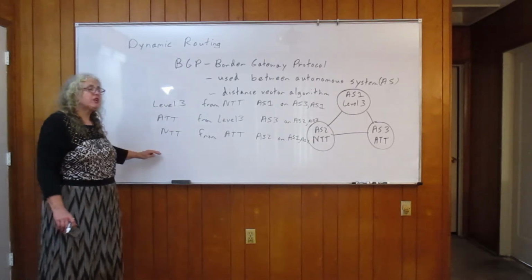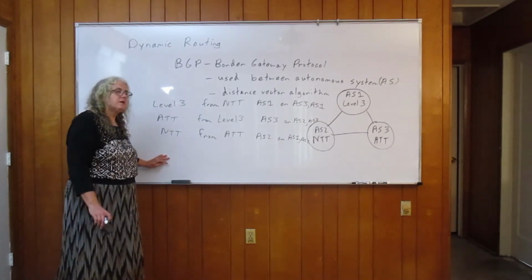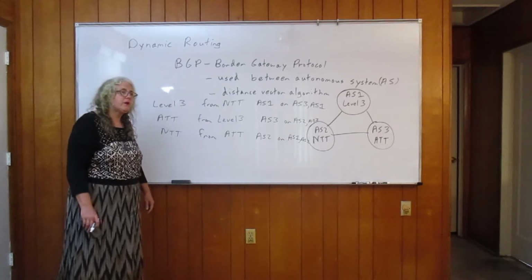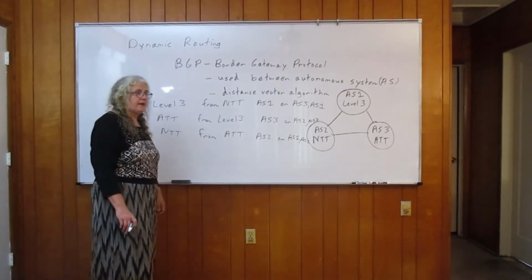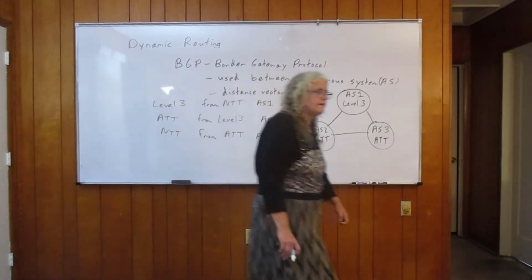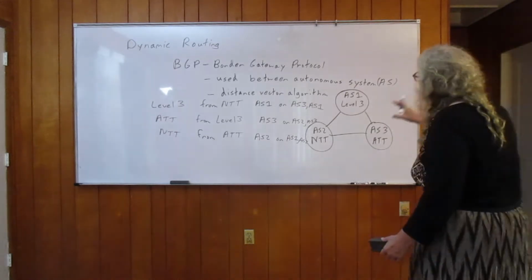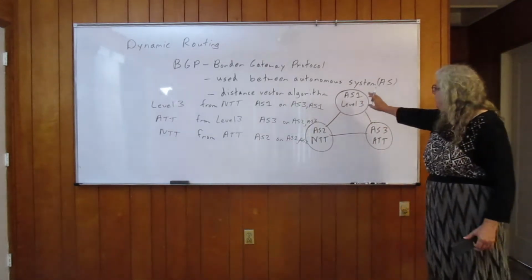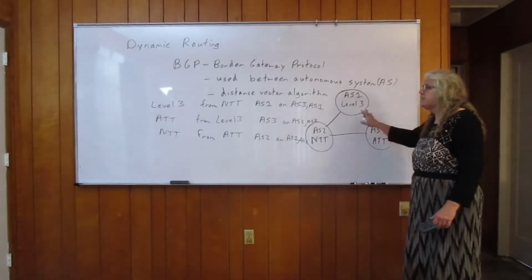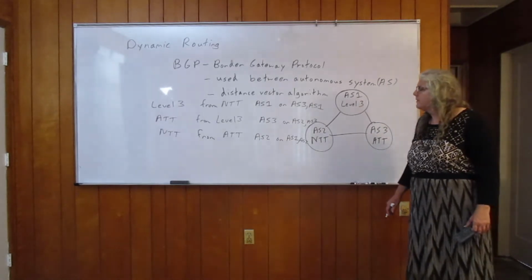Now these are not going to change very frequently because new autonomous systems are not added as frequently to the internet. So the complete paths for each autonomous system to each other autonomous system are actually known.